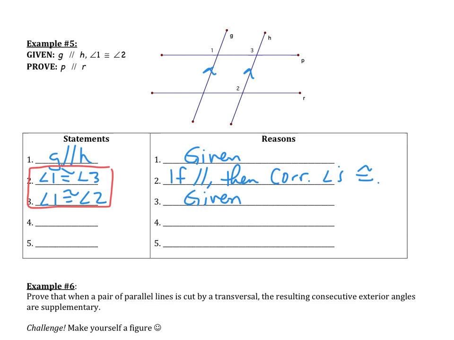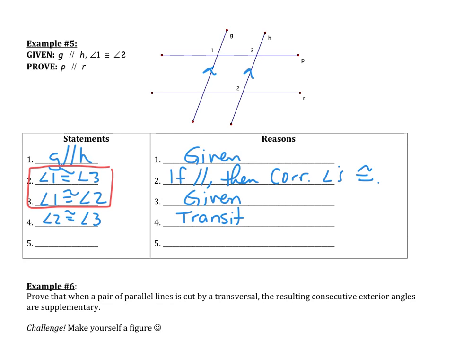So Marcos, what should we do next if angle 1 is congruent to angle 3 and angle 1 is congruent to angle 2? Angle 2 is congruent to angle 3. Do you remember what property allows us to say that? Transitive property. We're doing good.